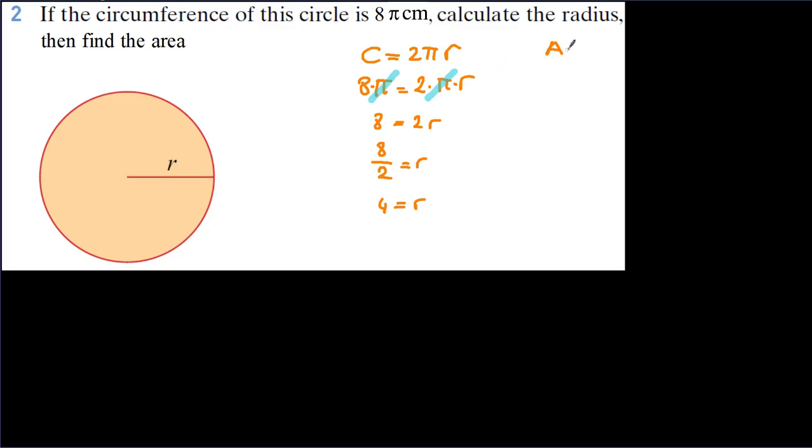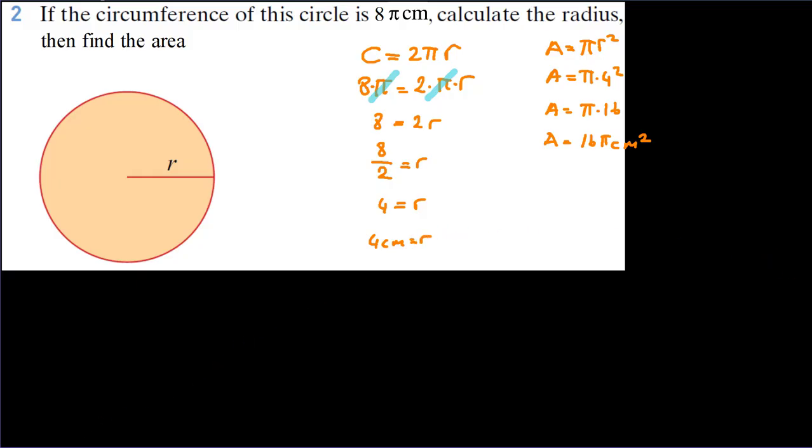Area is equal to pi r square. So area is equal to pi times 4 square. 4 square is 16, pi times 16, and the answer is 16 pi centimeter square. I forgot to write that 4 centimeter is the r.